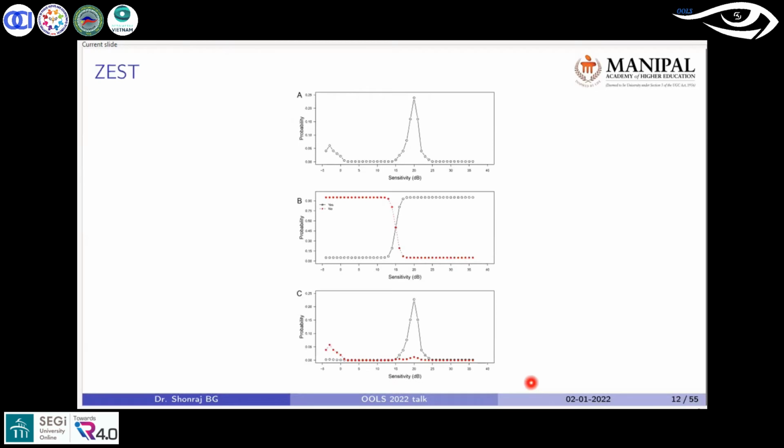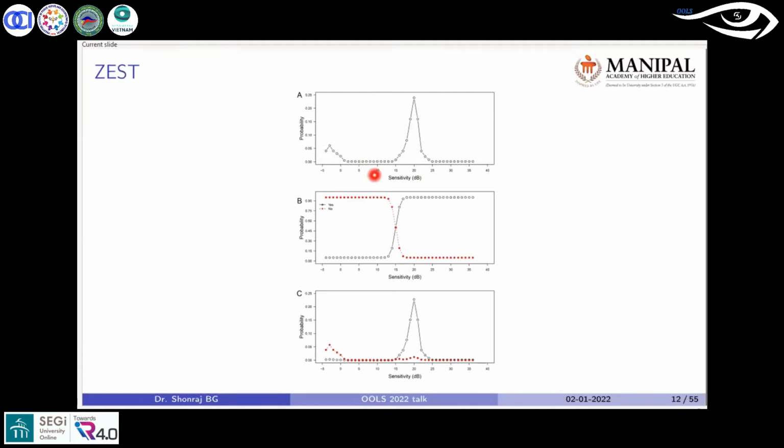I have taken the ZEST test procedure, which is Zippy Estimation by Sequential Testing, a Bayesian-based test. Let me explain how ZEST works. ZEST usually starts with some prior probability mass function.